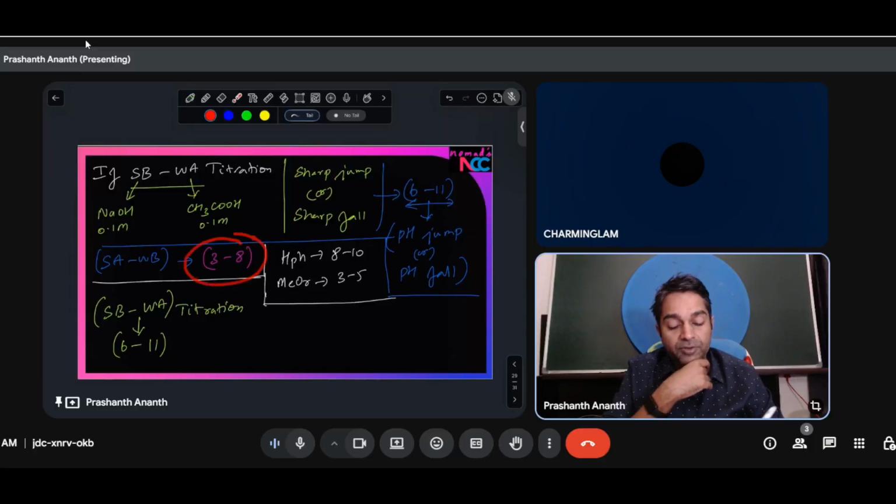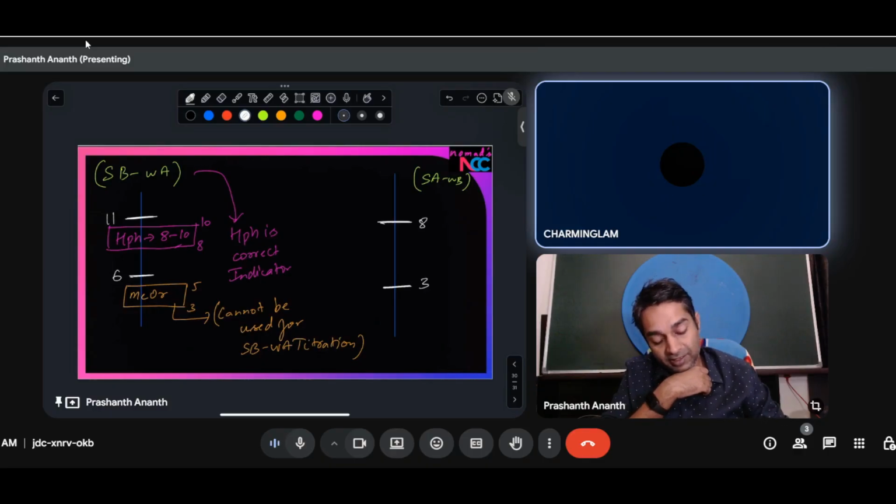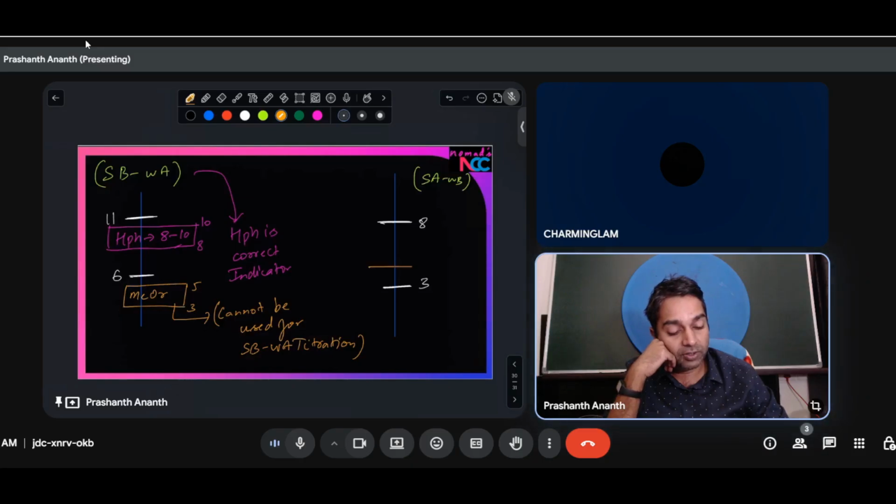Strong acid, weak base is going to be 3 to 8 over here. So you're going to be having 3 over here and then 8 over here. Methyl orange, yes, correct, good. Methyl orange is the one which can be used over here. Methyl orange's range is going to be nice and it will fit over here, whereas phenolphthalein will end up being over here.